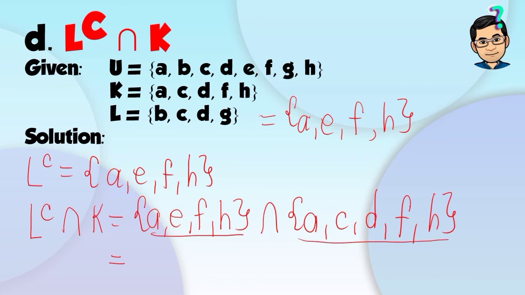So, merong A dito, merong A din sa kabila. It means A is a common element. What else? We also have F. And then, last one is H. And then, enclose natin siya sa dalawang braces. So, this will be our final answer.